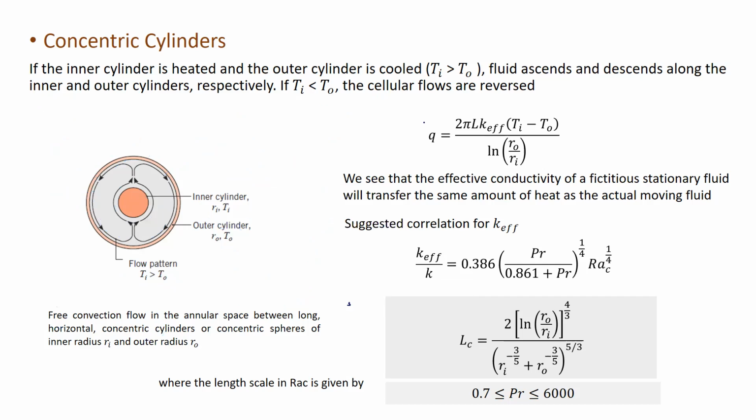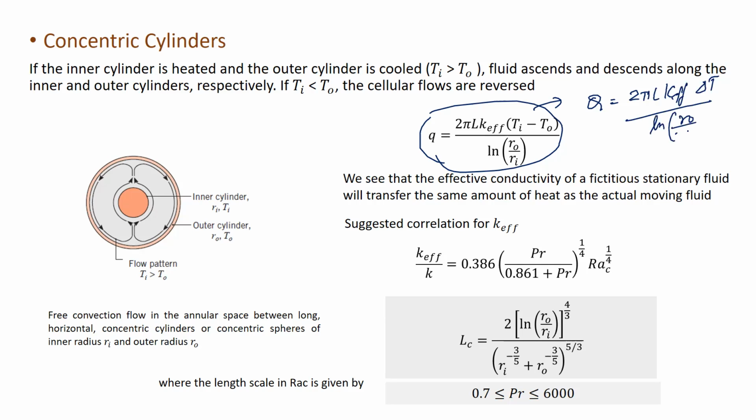Okay. So the heat transfer equation, a basic equation obtained from Fourier's law in conduction, is Q = 2 pi L k_effective delta T by ln(Ro/Ri).